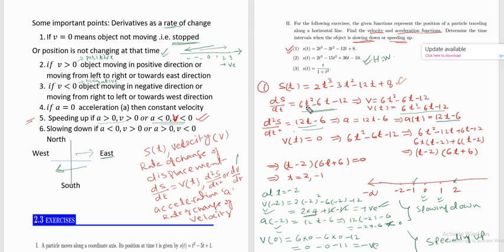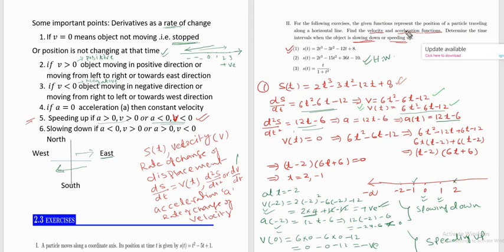So it is 2 multiplied by 3 means 6t square, minus 3 multiplied by 2 is 6t, minus 12. This is your velocity: v(t) is equal to 6t square minus 6t minus 12. Because he is representing in s(t) form, it is better to write it as v(t), velocity in terms of time.